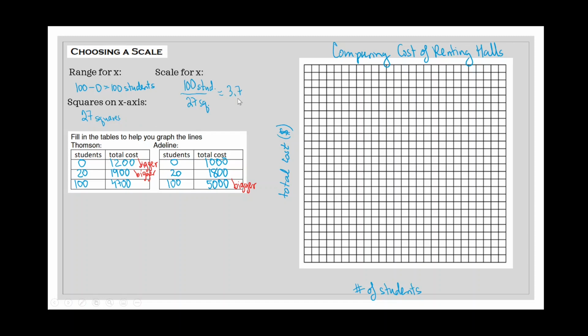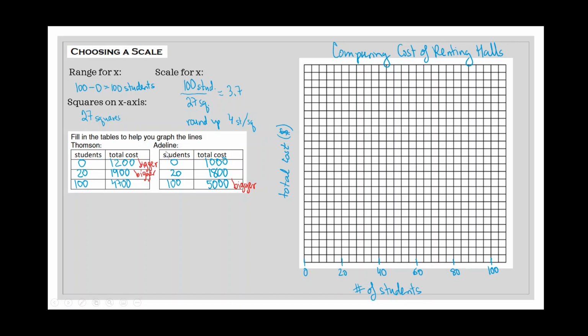This would be very awkward to use, so you want to round this either up or down. In this situation, we're going to round up and say each square is going to be worth 4 students. So if you look at that, counting by fours, we have 4, 8, 12, 16, 20, and then so on.